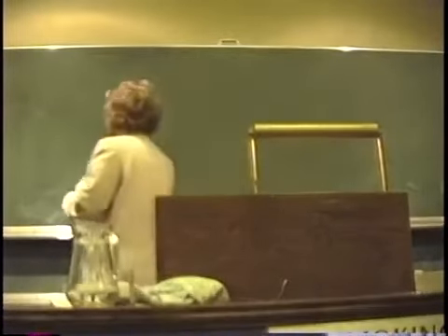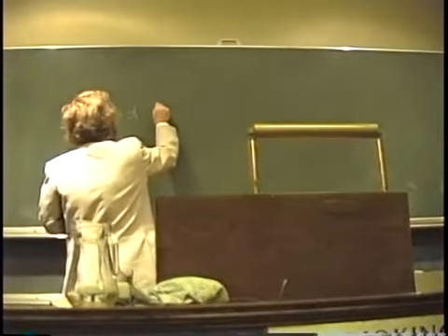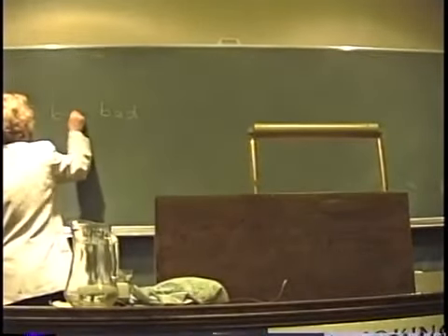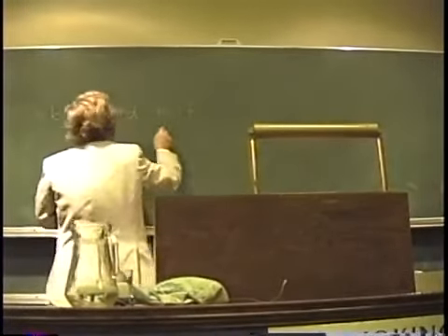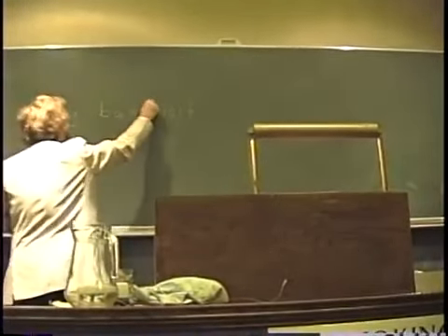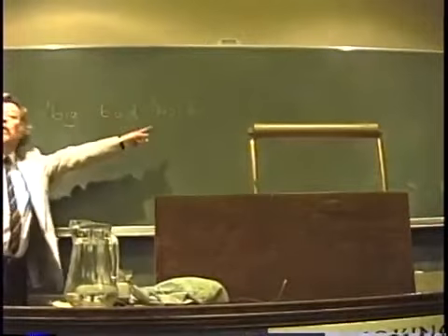Which is why, if you take this example that I gave you yesterday, we're more likely to say it like that, big bad wolf, than to have three sentence stress syllables come together.